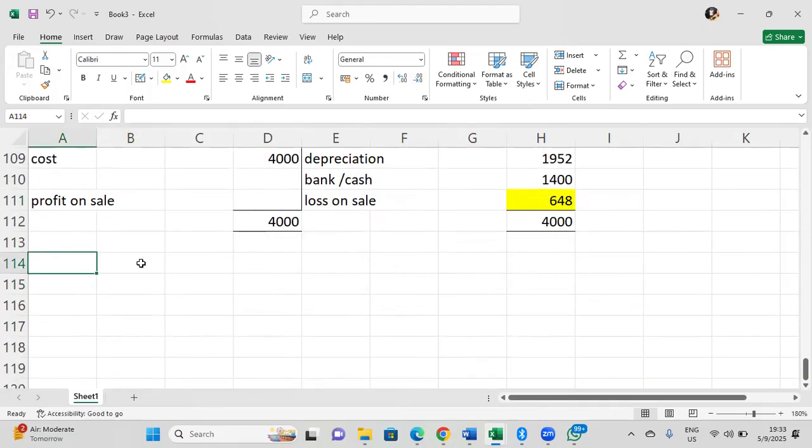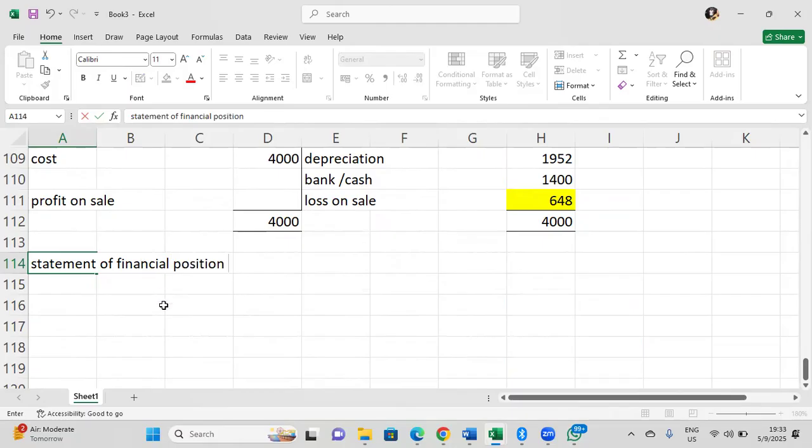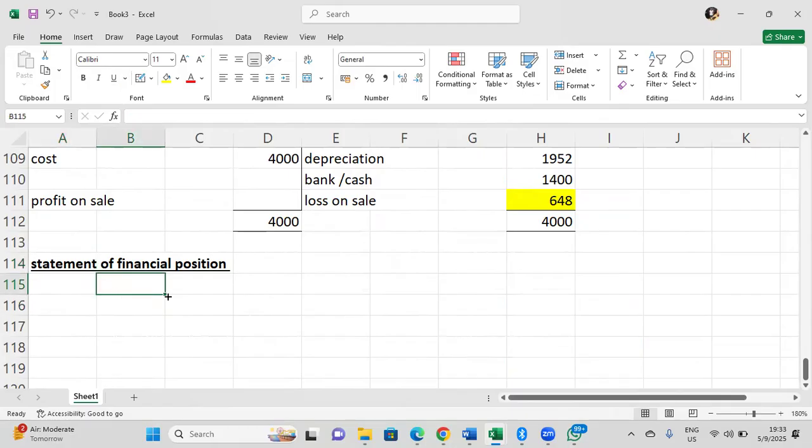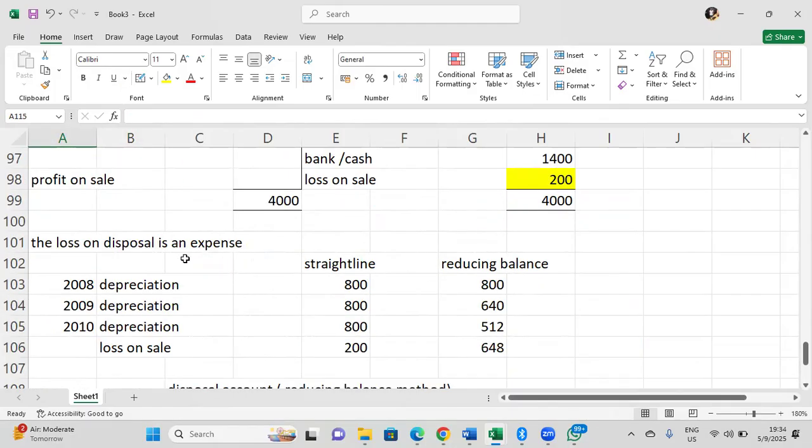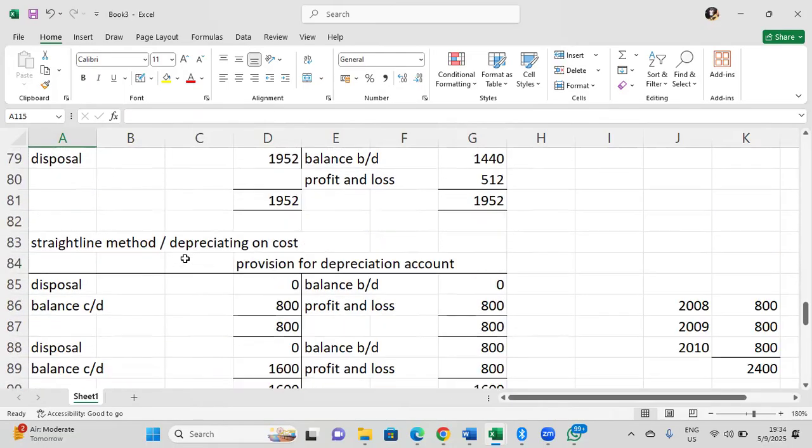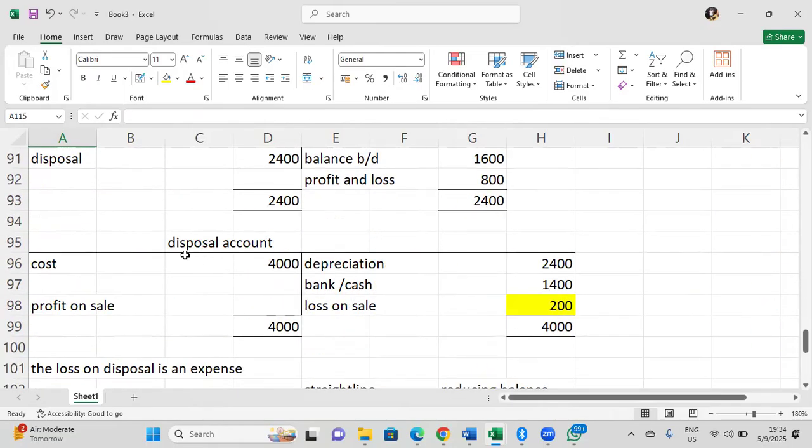Now, let's look at the effect in the statement of financial position, or balance sheet. In the statement of financial position, the first year, what was the name of our asset, by the way? A motor vehicle is the asset.